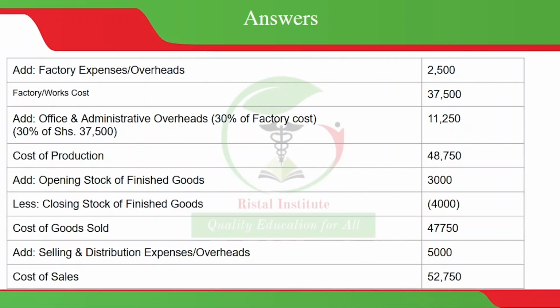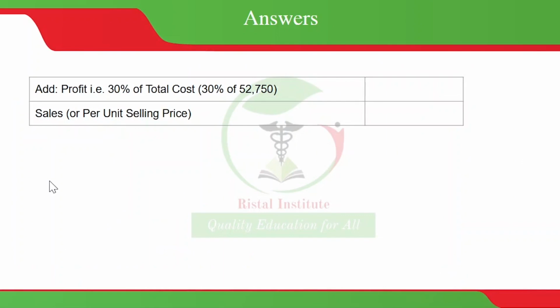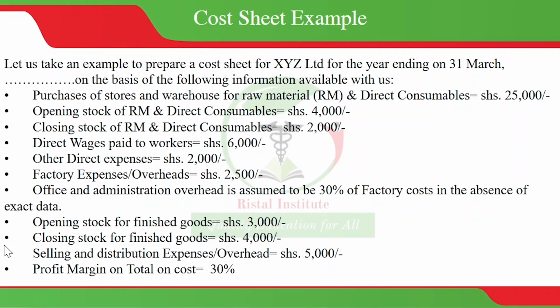After getting the cost of sales, we now want to add the profit. So we check in our question what the profit was. They're saying profit margin on total cost is 30%.